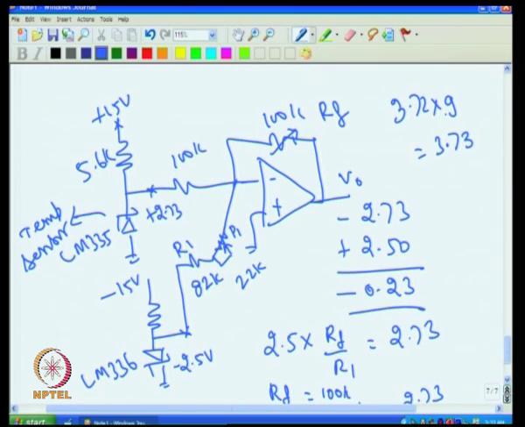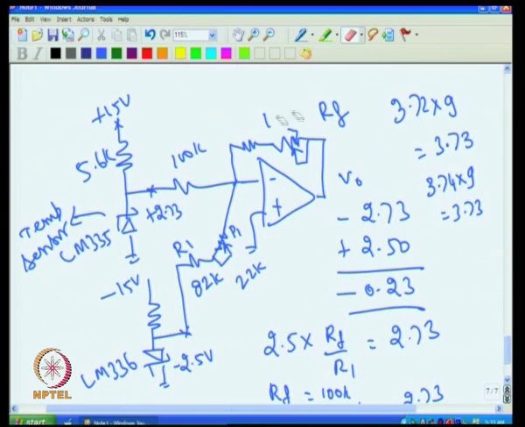Similarly, if the voltage goes more, for example, it goes to 3.74 at 100 degree C, then 3.74 into gain should give me 3.73 at the output. So, the gain must be variable more than 1, as well as, if necessary, less than 1. That I can achieve by changing this feedback path. So, I will add a resistance here, and then one more potentiometer here. I keep this as a potentiometer like this, and this is a fixed resistance.